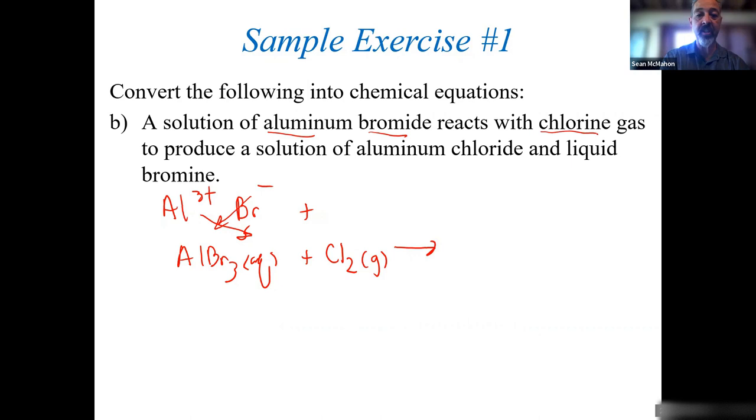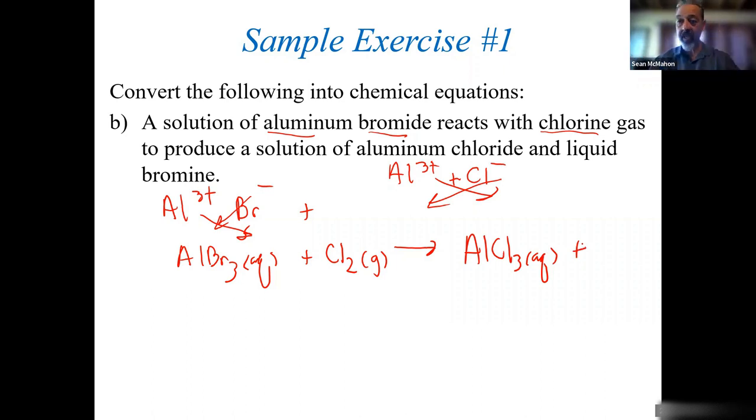To produce a solution of aluminum chloride, so aluminum's +3, Cl-, I'm going to crisscross. It's a solution. And liquid bromine. Bromine is another diatomic, so it's an element, and it's one of 2 liquids of all the elements. Bromine and mercury are the only 2 liquids that are in elemental form.